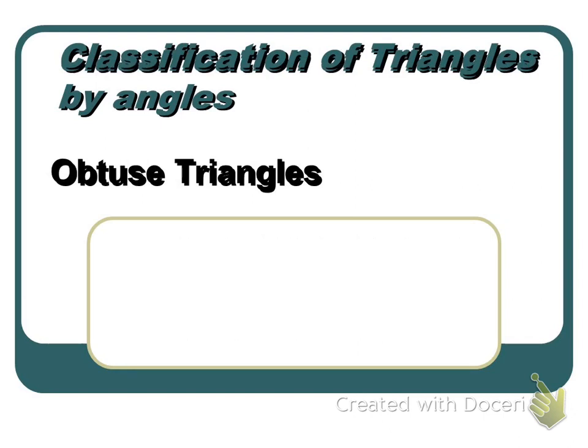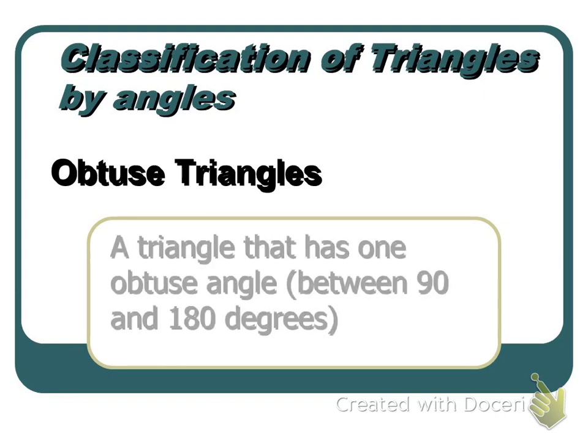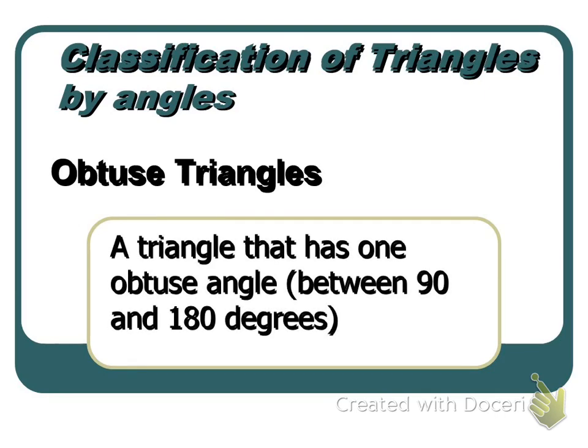What is the definition of an obtuse triangle? It has one obtuse angle. Can a triangle have 2 obtuse angles? No. An obtuse triangle has exactly one. You really need to say exactly one obtuse angle, because it can't have more than one.